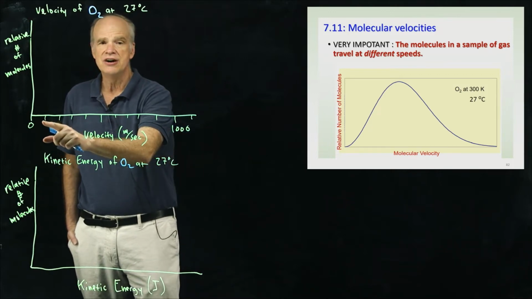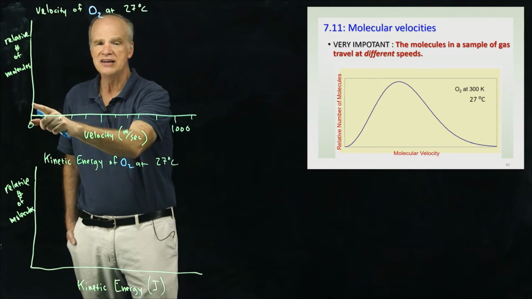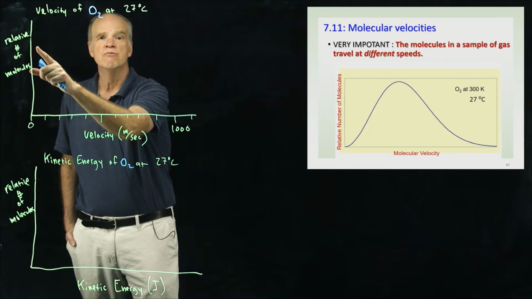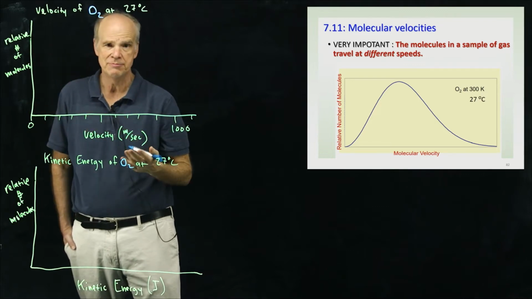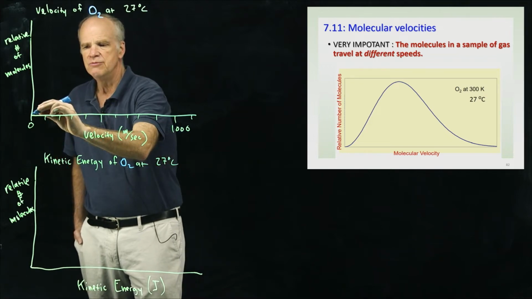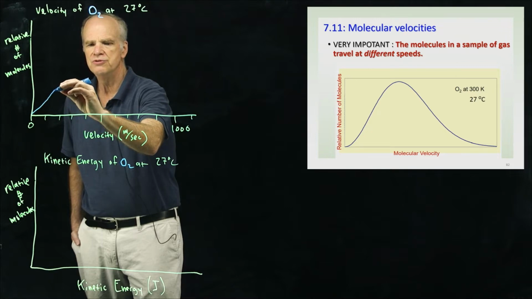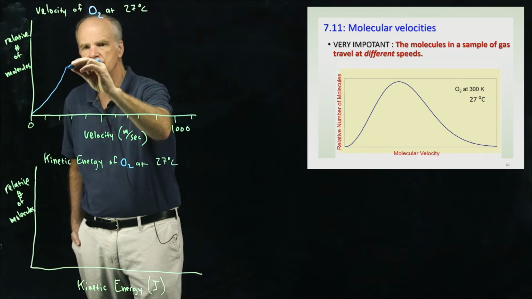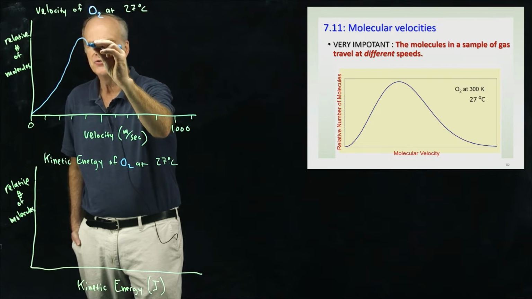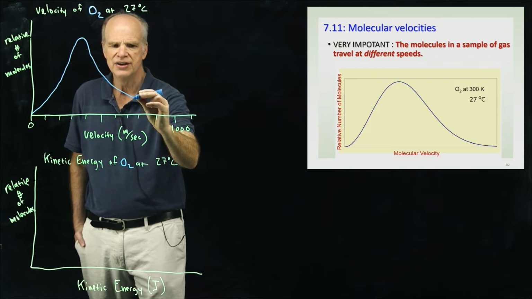And then on the y-axis I have the relative number of molecules, and as you go up the y-axis, that indicates that we have more and more molecules at a particular speed. So the graph might look something like this. At very low speeds you have relatively few oxygen molecules, but then it peaks at a certain speed, and then it trails off like this.